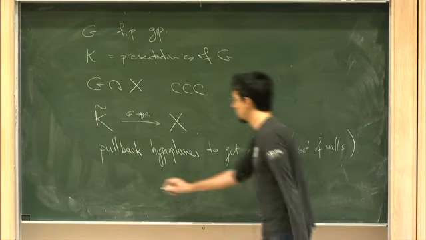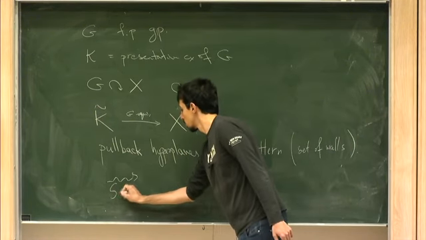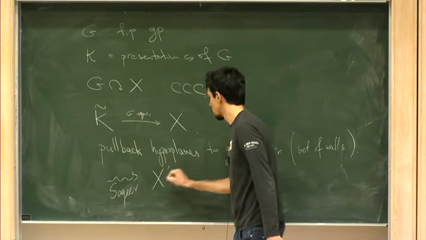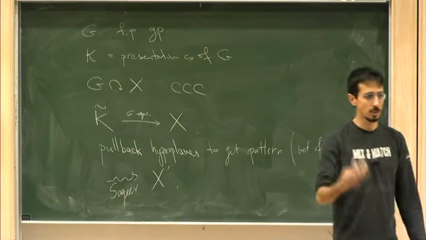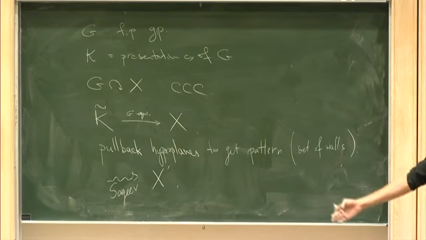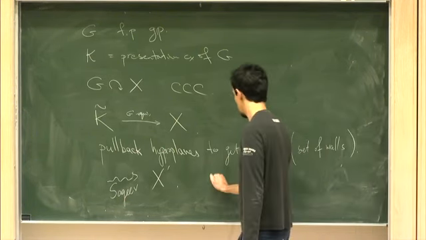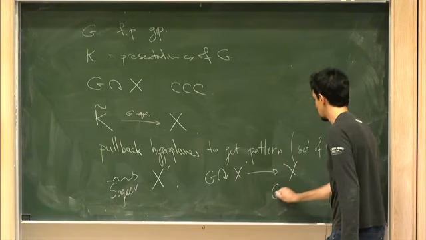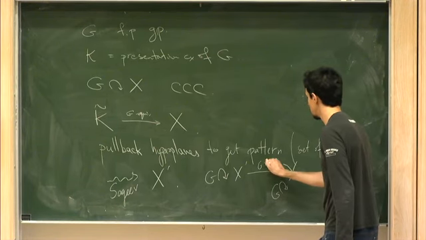Okay, and they give you, by construction of Sageev, a new cube complex X prime on which G acts, and this has a map from X prime to X. So G acts on X prime, this maps to X, G acts here, and this is G-equivariant.